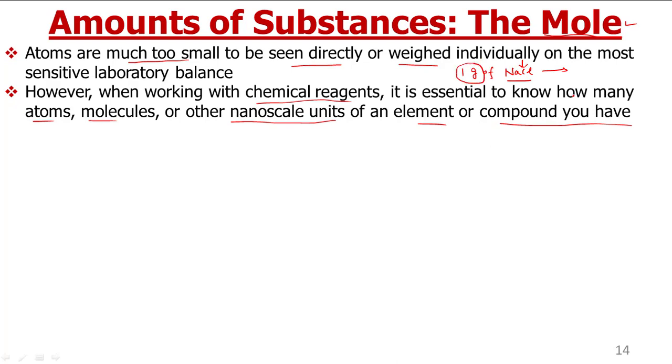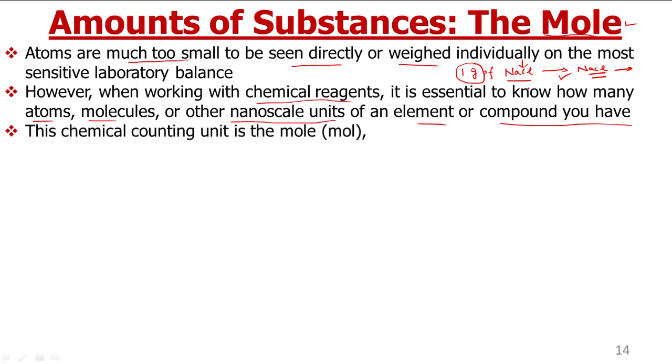So how can I calculate? I have to find the mass of a single NaCl molecule, directly or indirectly. Then if I divide this total mass by the mass of a single molecule, we can calculate the number of NaCl molecules.